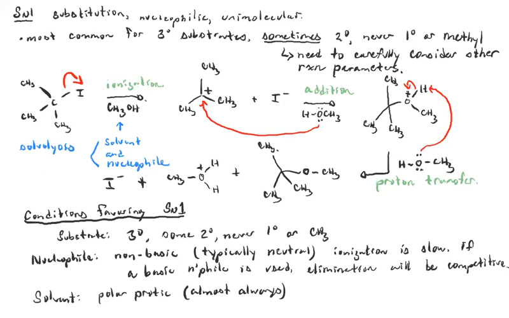And then the final thing is the leaving group. This doesn't differ too much from the SN2. You need a good leaving group. You need a leaving group that will readily accommodate a negative charge. And typically that's going to mean a very, very low pKa.